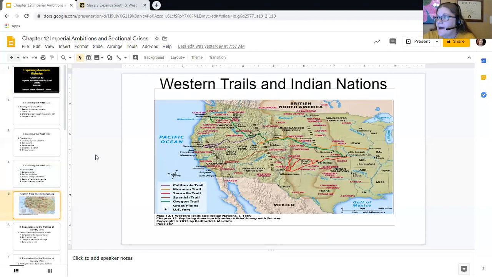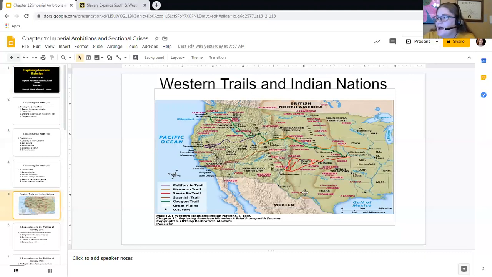Here on this map, you can see all of the different trails. This is what we mean when we talk about these overland trails that are coming from areas here in the east and making their way to different parts of California, different parts of what becomes Oregon up here, and Washington.